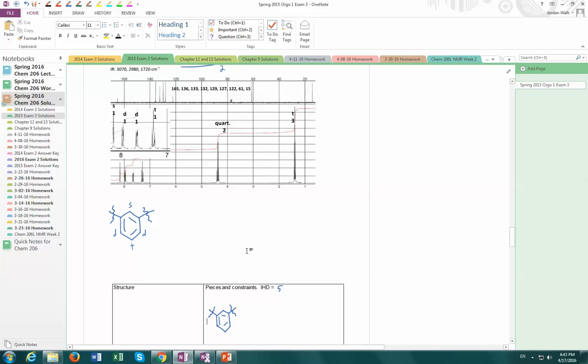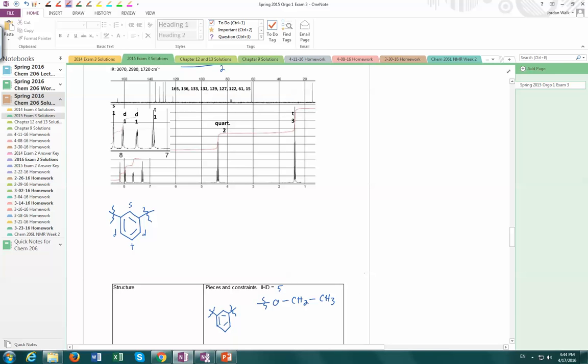You have the OCH2CH3. Yeah, so again, we've got that very common pattern where we've got a quartet integrating to 2 around 4, and then a triplet integrating to 3 that's much more upfield. And so what that's going to be is an O, CH2, CH3. So what's left?